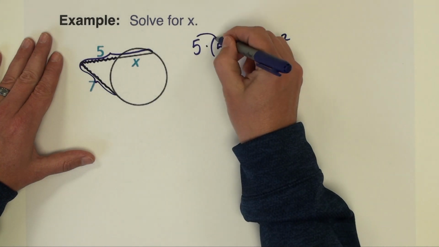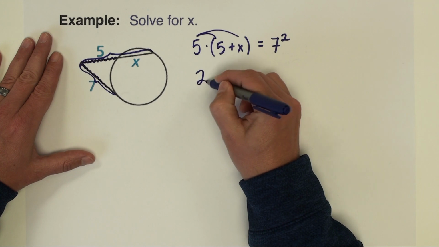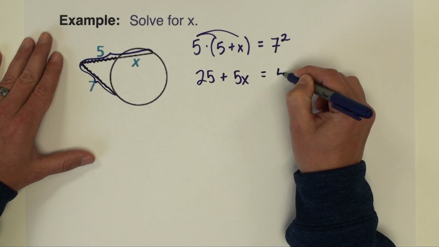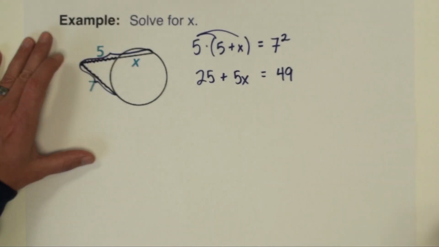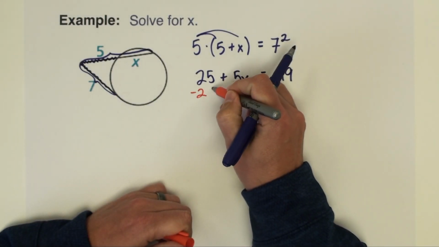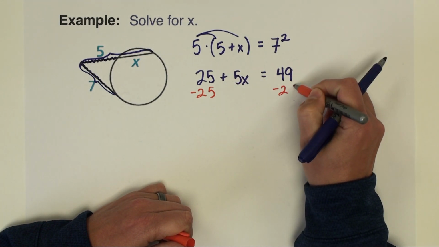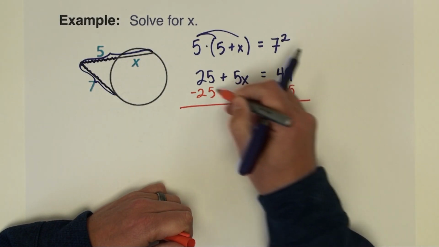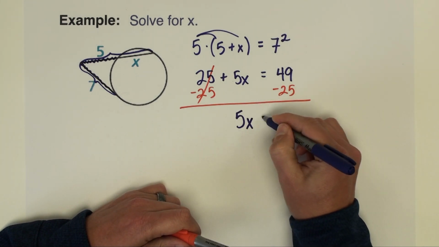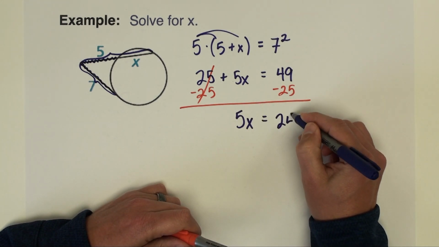All right, let's solve this out now. We have 25 plus 5x equals 49. We are going to subtract 25 from both sides, giving us 5x equals 24.